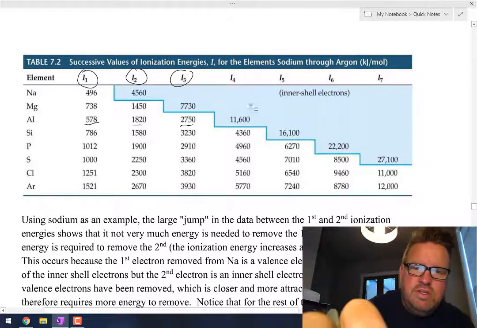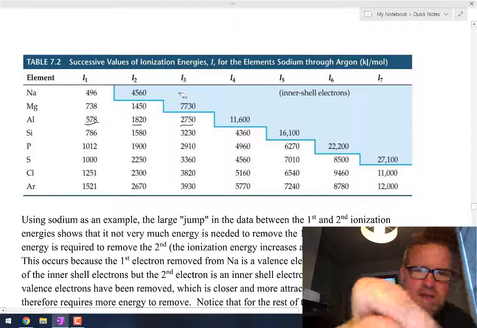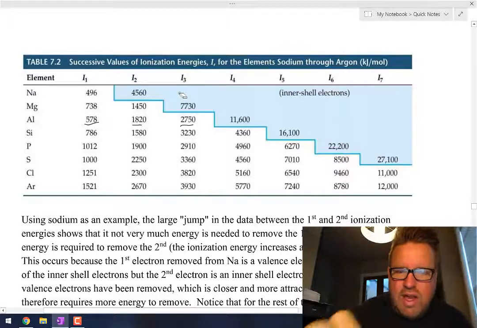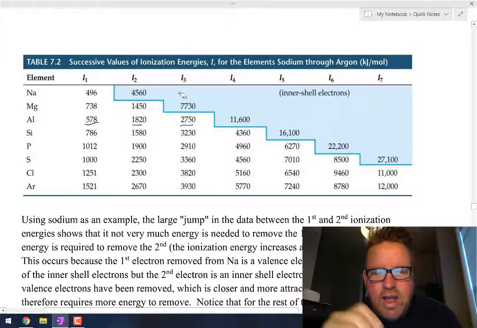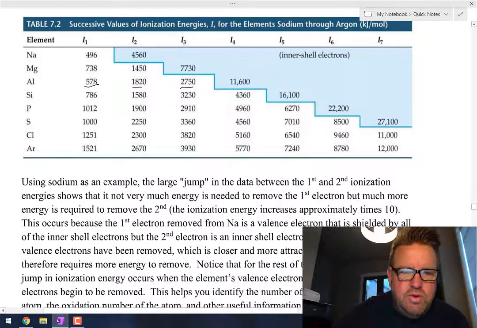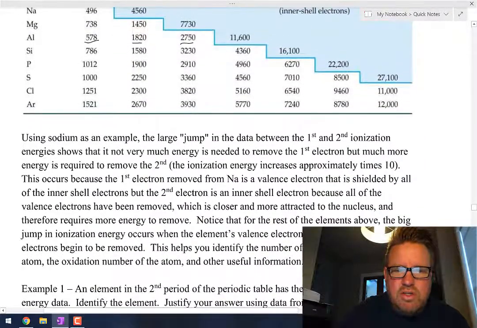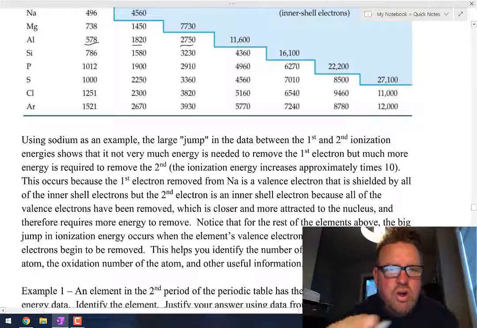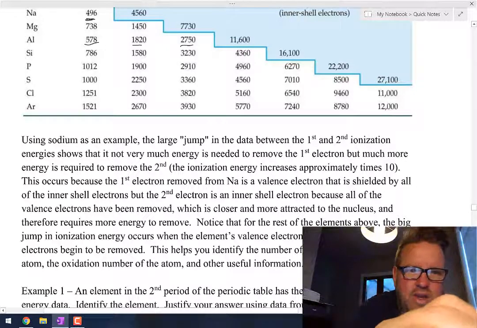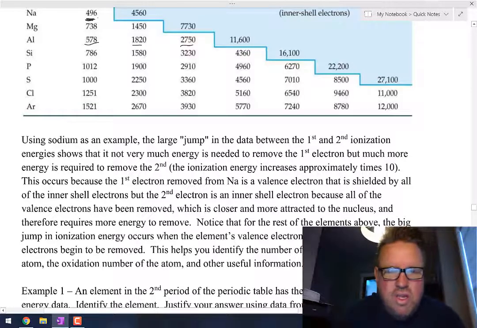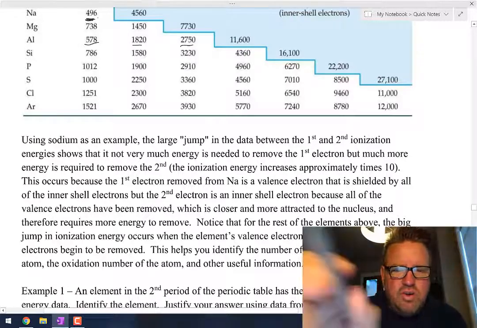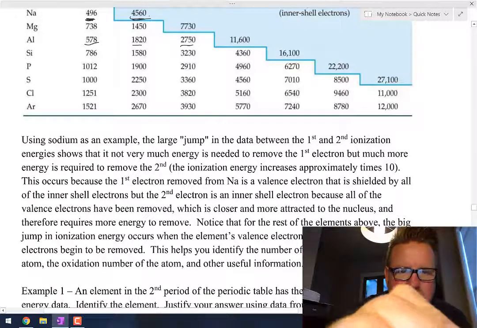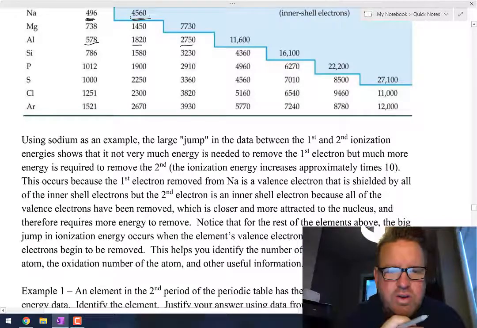So let's talk about the big jump, because it happens in all of these, but at different ionizations. Using sodium as an example, this large jump between the first and second ionization energy shows that for sodium, it doesn't take a lot of energy to remove that first electron, but the second electron takes almost 10 times as much energy.